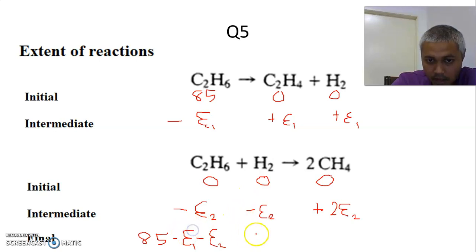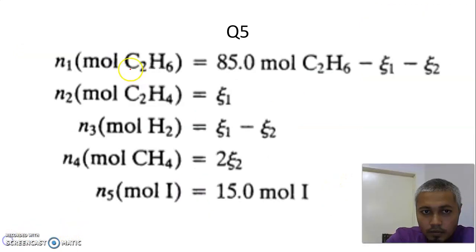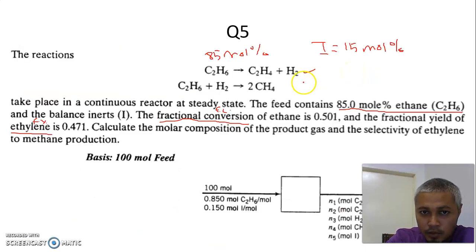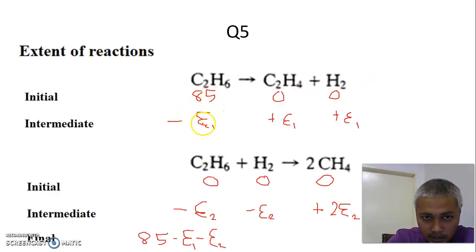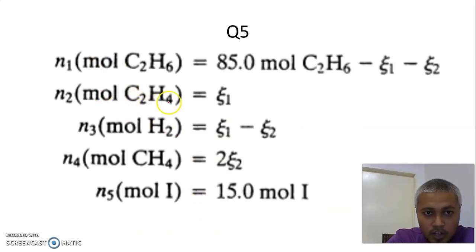Then we do the same for C2H4, H2, and CH4. For C2H6, the outlet flow rate N1 equals 85 minus epsilon 1 minus epsilon 2, like we have done here. And then for C2H4 it equals epsilon 1.